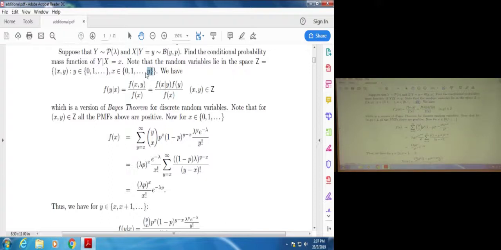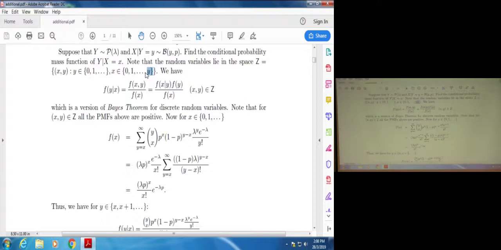So this is the sum, y from x to infinity, of the joint probability mass function, which is the binomial y choose x times p to the x times 1 minus p to the y minus x, times the Poisson, which is lambda to the y e to the minus lambda over y factorial.